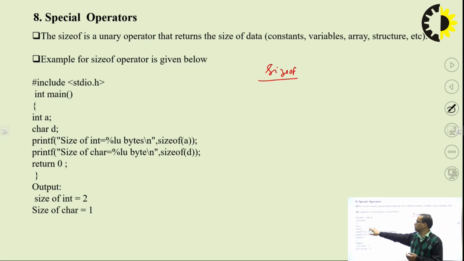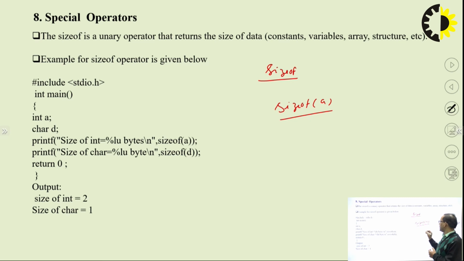For example, here in this program we have two variables. The first variable is a, which is of integer type, and the second variable is d, which is of character type. As we know, the size of an integer is 2 bytes and the size of char is 1 byte generally. So when we apply the sizeof operator on variable a, the syntax will be like this, and it will print its size, 2.